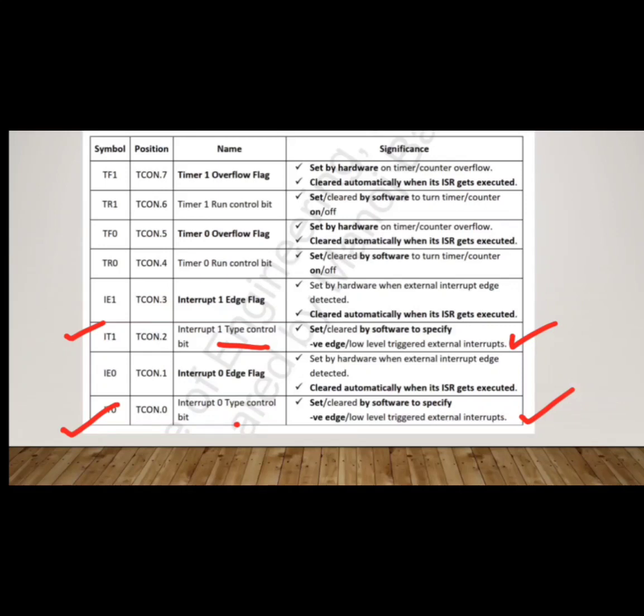If external interrupt 1 is negative edge or low level triggered, the interrupt 1 type control bit is set. If external interrupt 0 is negative edge or low level triggered, the interrupt 0 type control bit is set. This is set and reset by software.